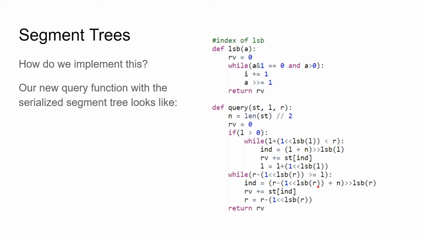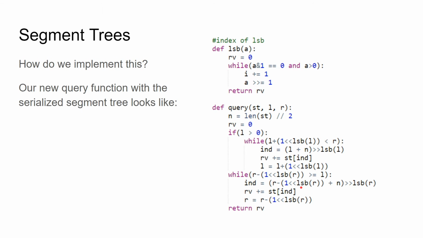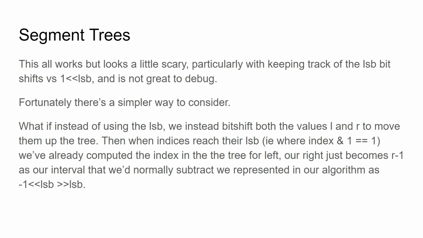So this plus n is how we start things off. It will just be R plus n, bit shifted by this LSB, take 1, because the bit shifts cancel, which is useful. Apologies. All right.